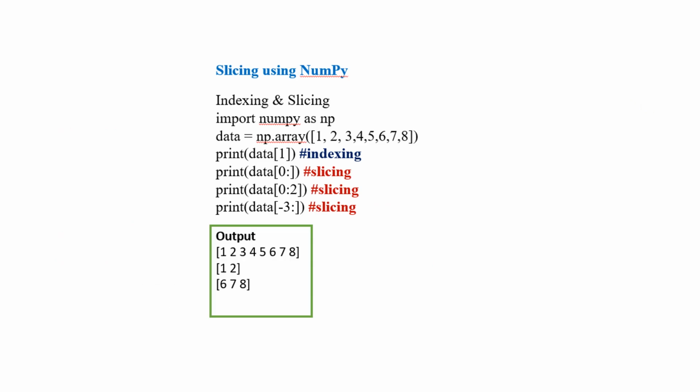Now coming to slicing and indexing in NumPy. I hope in the last fourth unit we have discussed indexing and slicing. With np.array you represent the array, and data[1] represents the index. data[0:] represents indexing from the beginning onwards. 0:2 is nothing but 0 and 1. Similarly, -3: means this is -1, this is -2, this is -3, so the last three elements.